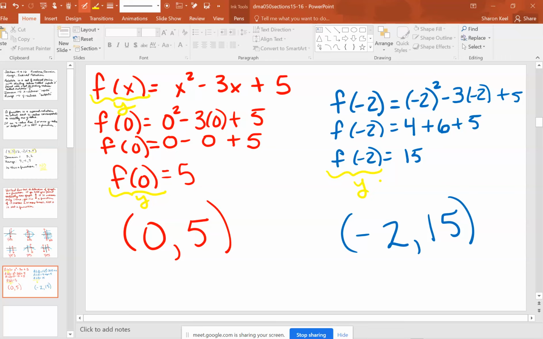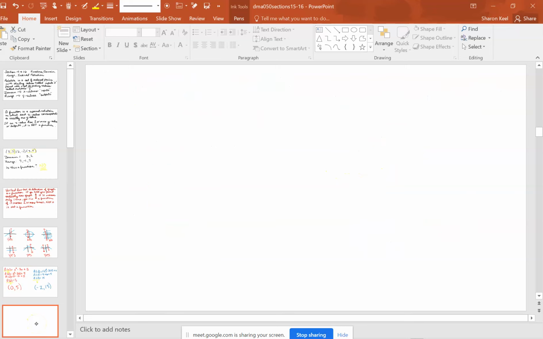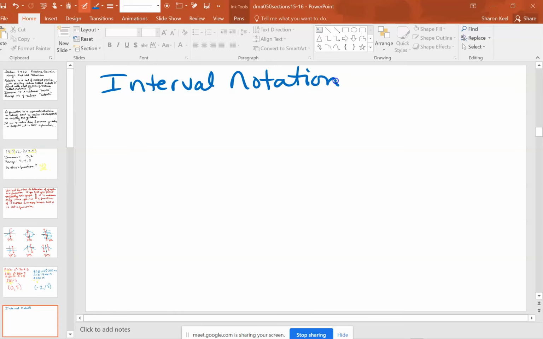When we are looking at using interval notation, that is a standard way to write our solutions. Interval notation is a way we can write the domain and the range.